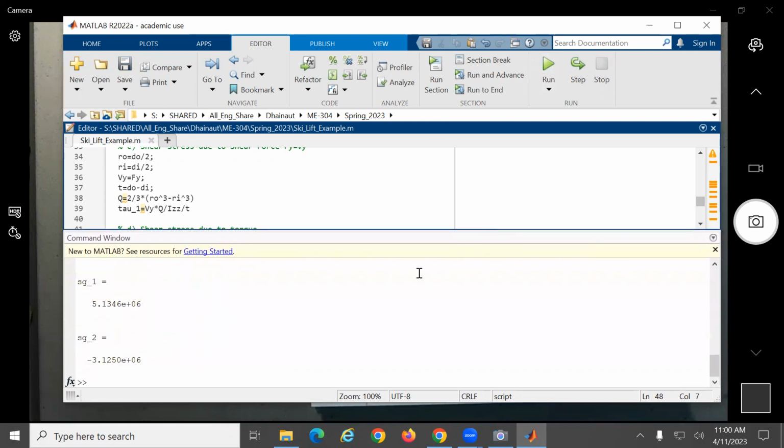So you find that the principal stress sigma 1 is 5.1346 10 to the 6 Pascal, sigma 2 equal to minus 3.125 10 to the 6 Pascals.